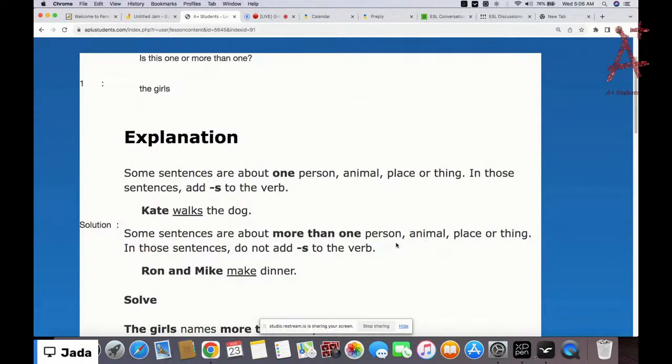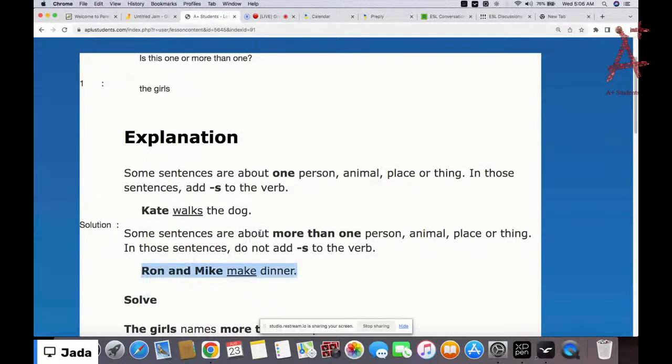Okay, all right, so let's see then. For example, we have Ron and Mike make dinner. If you see, the make here is the verb, but make doesn't have an s because it's talking about two people, not one person.